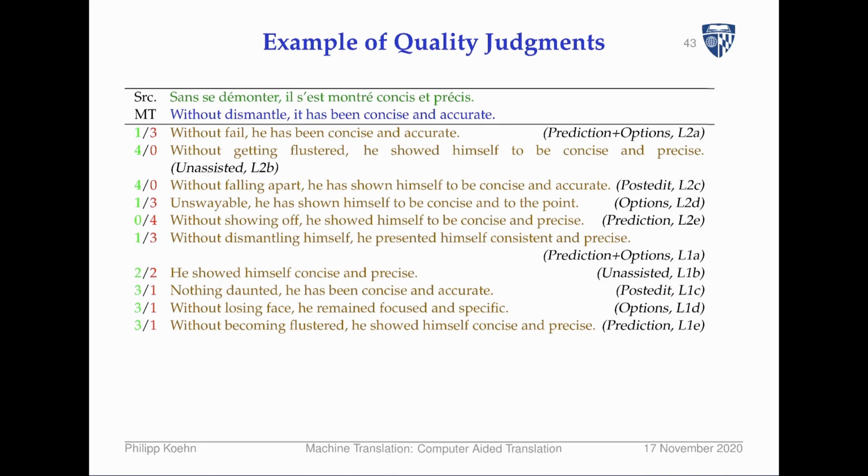So these are the different translations shown here, and these are the different tool features they used when translating. It starts with translation from scratch, so this is unassisted. This is classic post-editing. This is the interactive translation prediction that we first looked at. And this is the display of translation options that also could be clicked on.